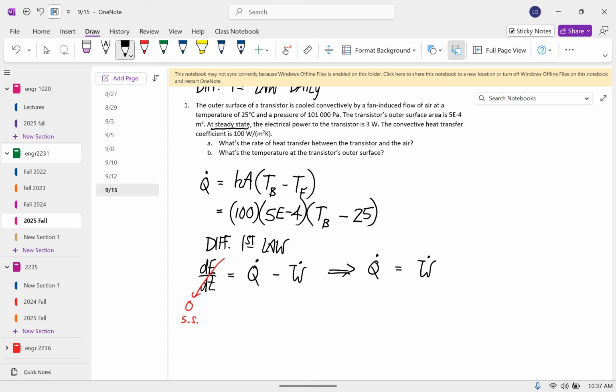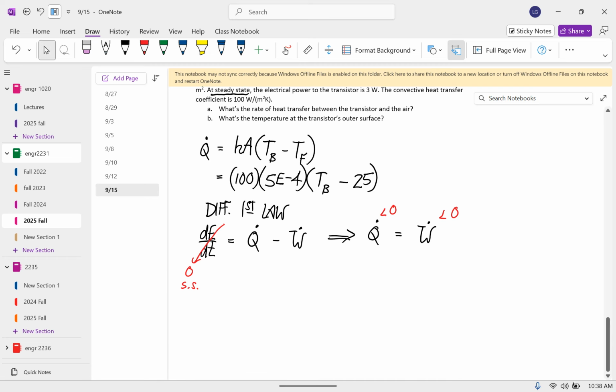What's the sign going to be of our Q dot? Negative? Yep, that's right. So this is going to be less than 0. Does that make sense that our W dot is going to be less than 0? We're adding 3 watts. Yeah, we're adding power to the system through work, and so that's a negative W. So these are both going to be negative.